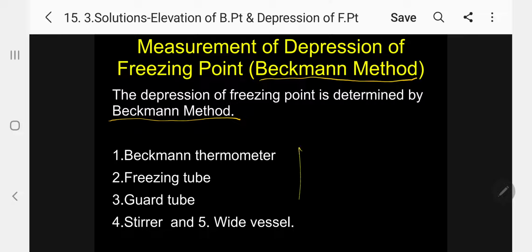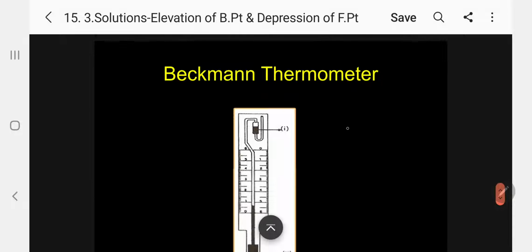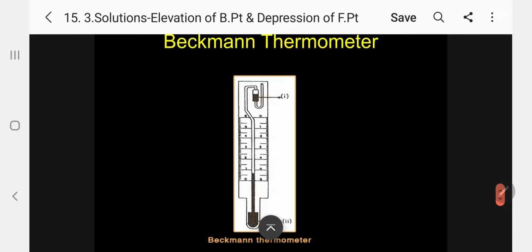So what apparatus are we going to use? We are going to use the Beckman thermometer, then freezing tube, guard tube, stirrer, wide vessel, inner vessel, etc. Just see, this is the Beckman thermometer. You must know how it differs from an ordinary thermometer. In this thermometer, the scale starts from 0, 1, 2, 3, 4, 5, 6. Kindly follow.